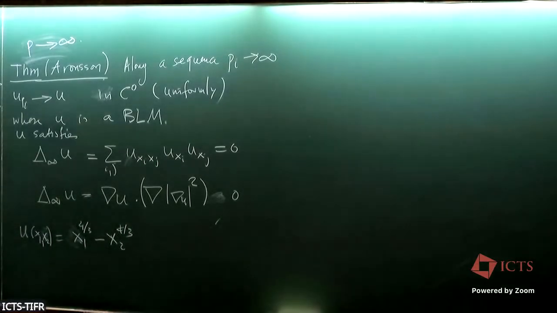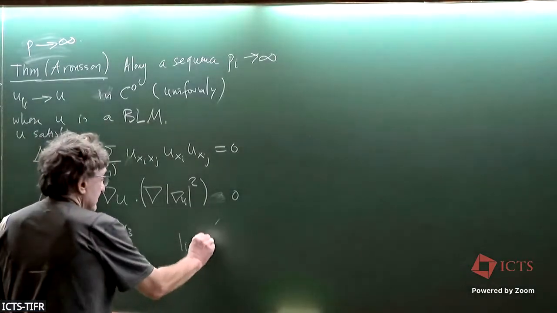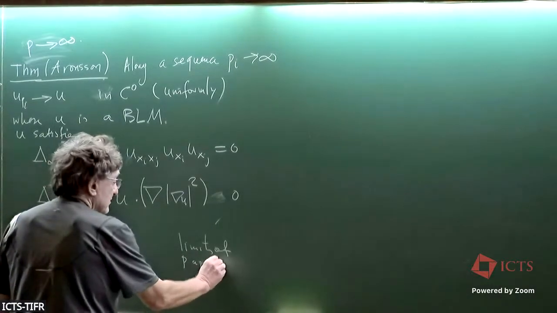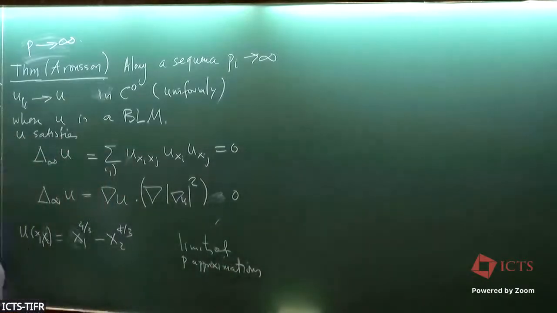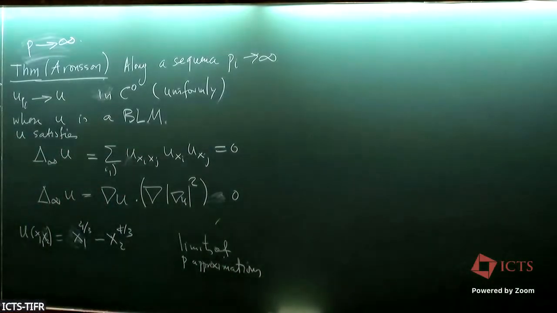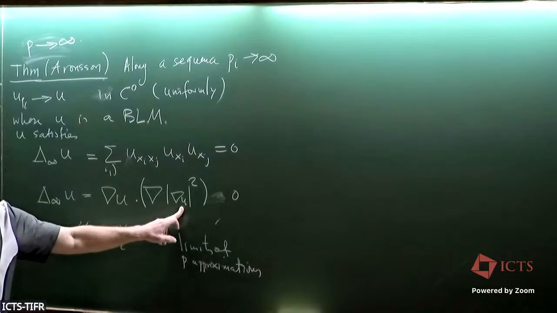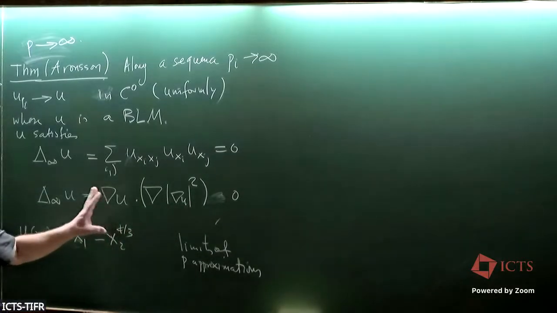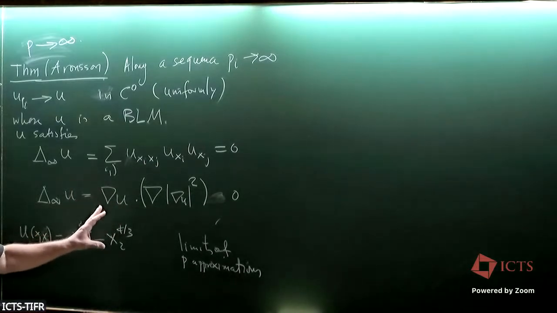These are limits of p approximations. However, you see, this doesn't make sense, because you need two derivatives at least to write this equation. So this equation at the time didn't make sense. It didn't make sense for a long time how to write down this equation.